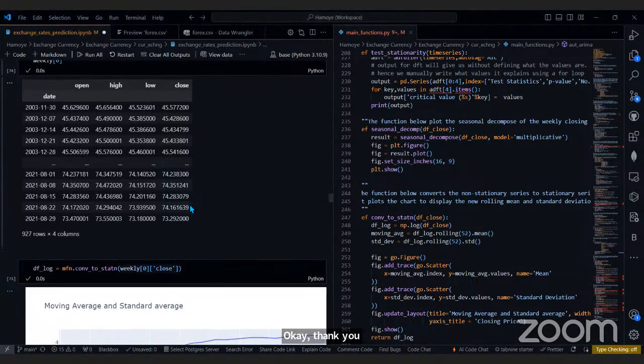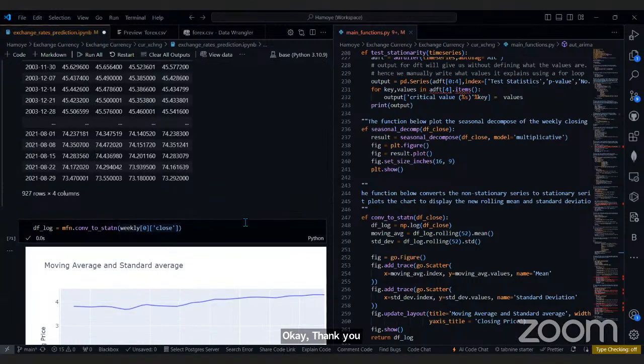Any other question? I'm already out of time. I'm seeing a runtime error on optimization.